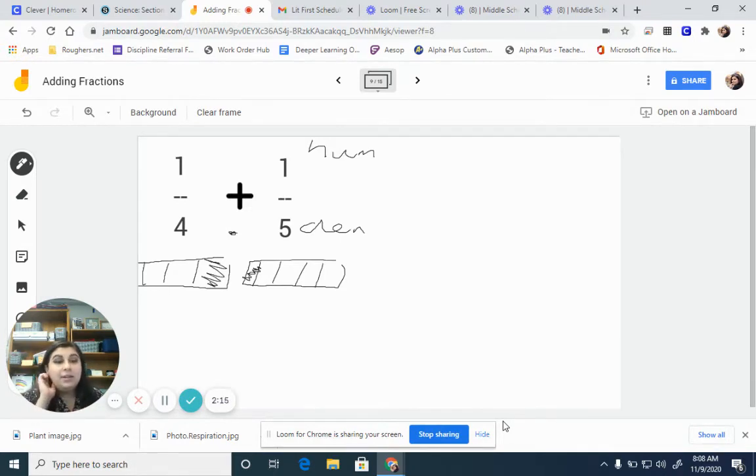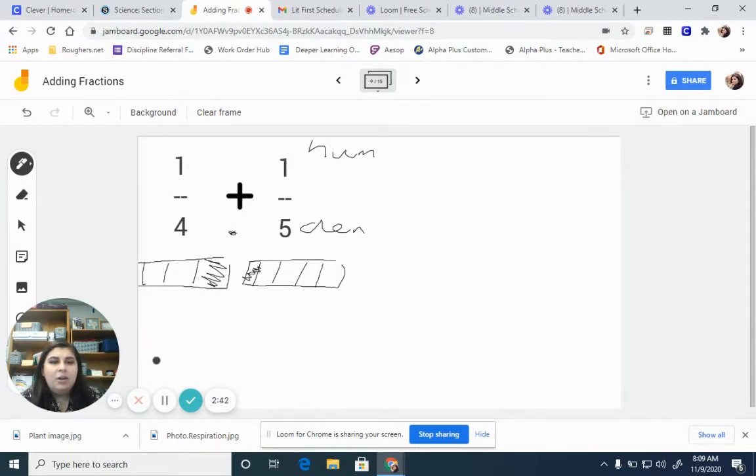But another way you can do this is listing out its multiples, and that would just mean that you would list out 4s, so 4, 8, 12, 16, 20, and 5, 10, 15, 20. I know 20 is going to be my least common denominator that I can use as the bottom. So that's the first thing I would do.